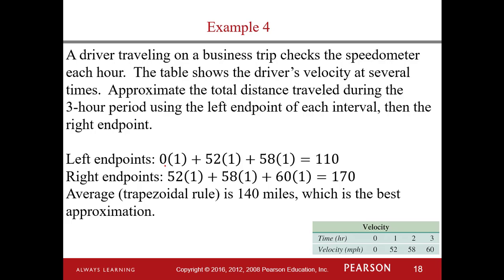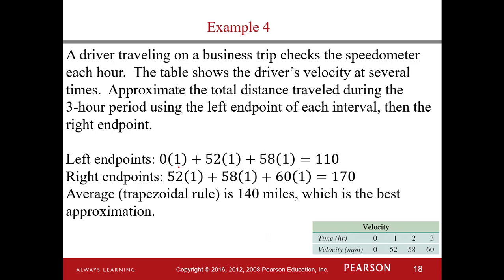And then finally, a driver traveling on a business trip checks the speedometer each hour. The table down over here on the slide shows the driver's velocity at several times. We want to approximate the total distance traveled during the 3-hour period using the left endpoint of each interval and then the right endpoint.